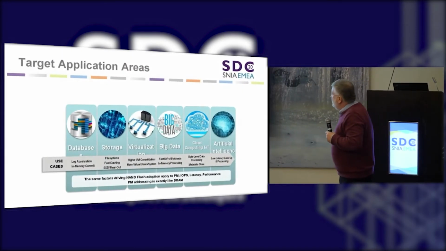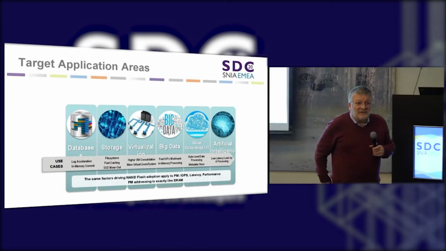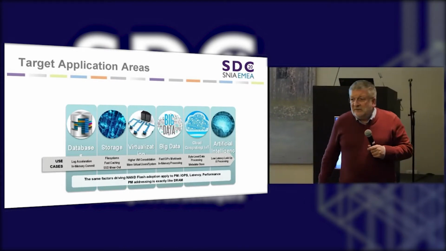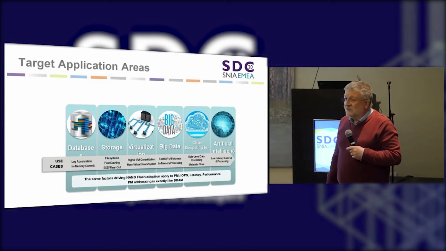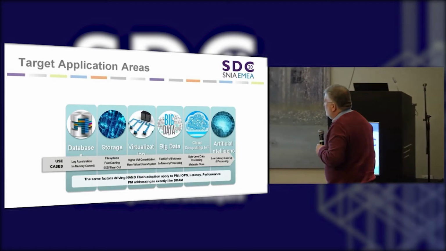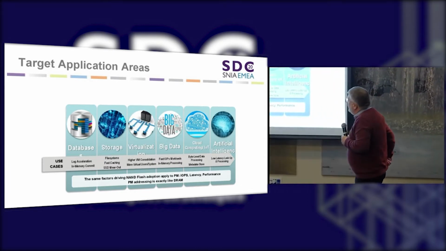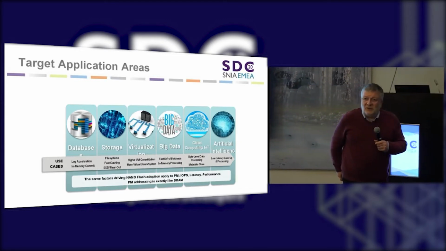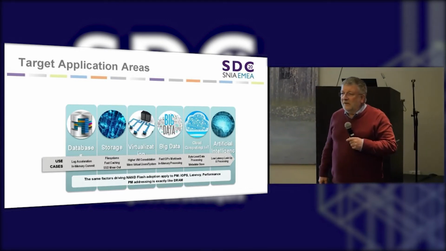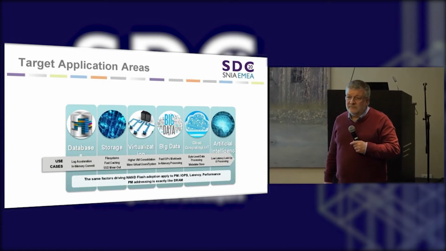So the kind of target application areas we've got for that fast middle layer of storage, the bit that's missing, the bit that goes from about 10 nanoseconds to a microsecond. We can do various things with it. And I think the one thing that's really important here about the kind of applications we're looking at are the kind of things that we currently do, but we don't do fast enough.